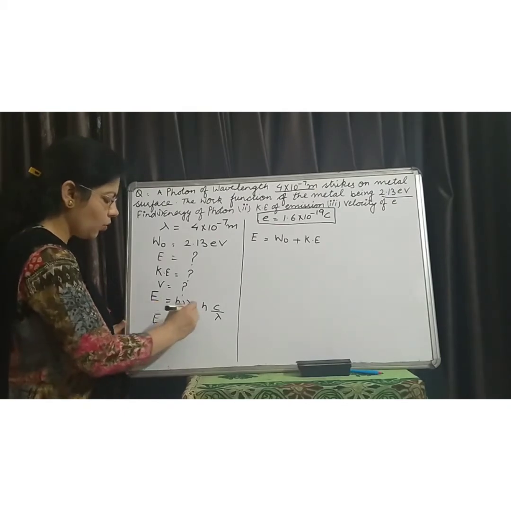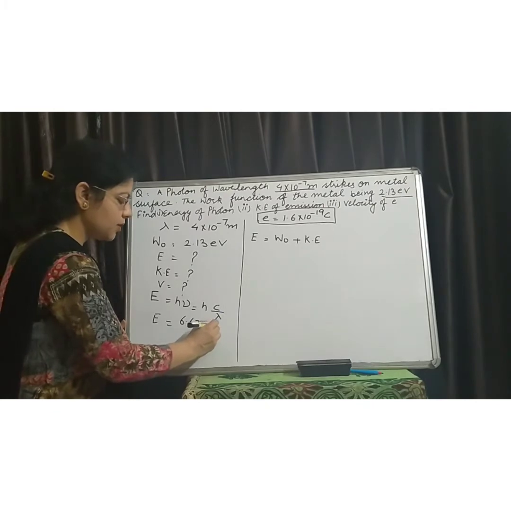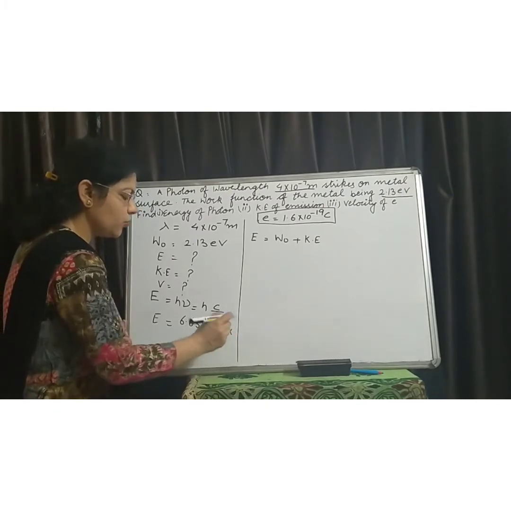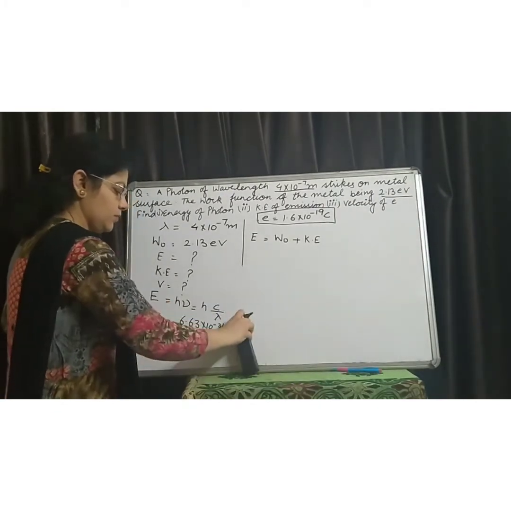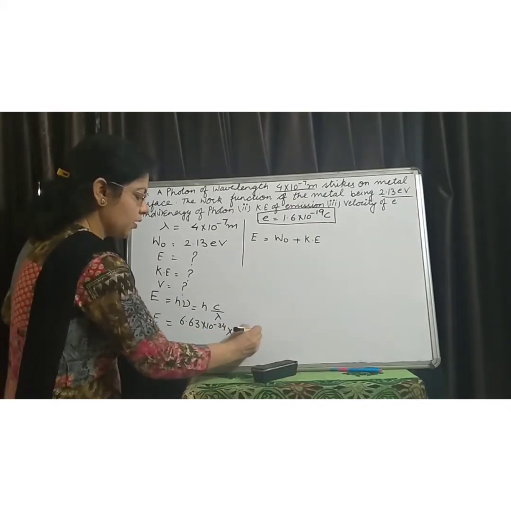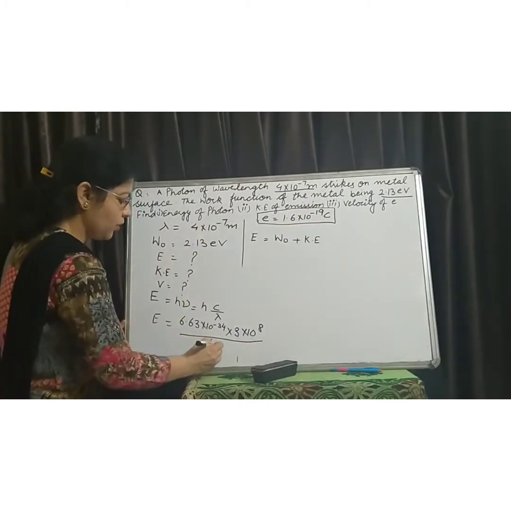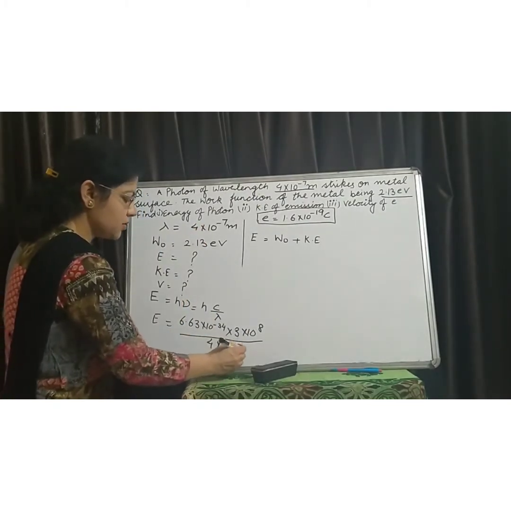By putting all the values, 6.63 × 10^-34 × 3 × 10^8 divided by lambda, which is 4 × 10^-7.